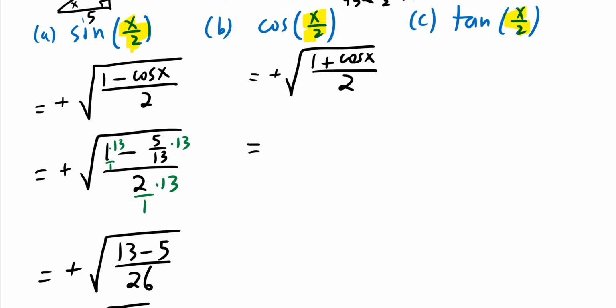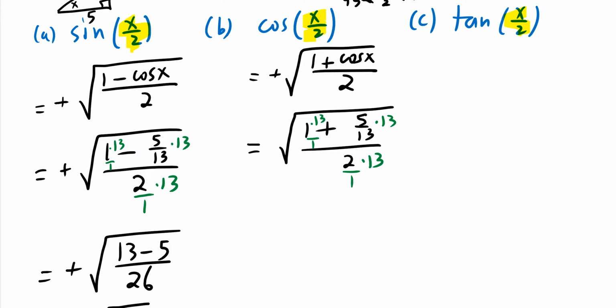And now we go through the calculation for this one the same way as we did the other one. 1 plus cosine, which was 5 over 13, all over 2. Again, the least common denominator is 13, so multiply each by 13. So what do we get here? We get 13 plus 5 over 26.